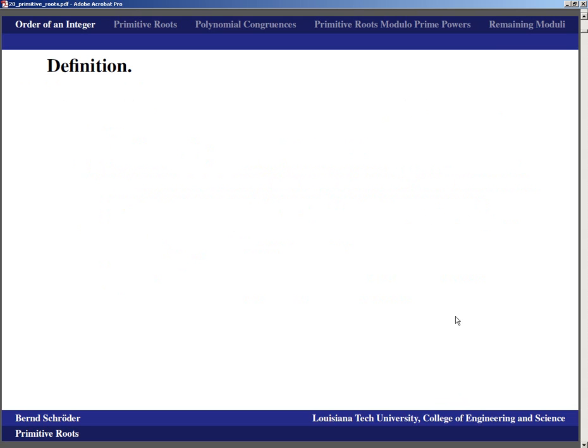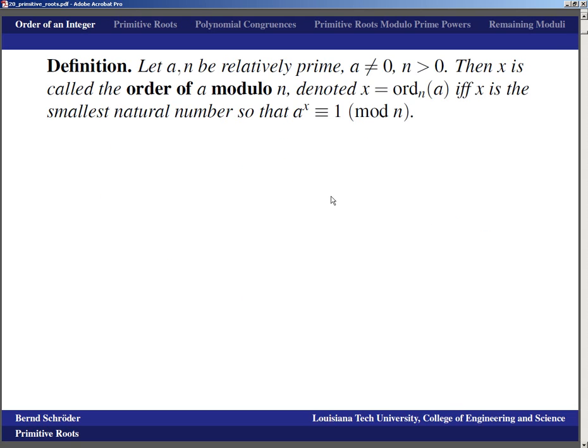With that, let's talk about the order of an integer. If a and n are relatively prime, a is not equal to 0 and n is greater than 0, then x is the order of a modulo n, denoted order of a modulo n, if and only if x is the smallest number so that a to the x is equal to 1 modulo n. So let's see, how does that go?